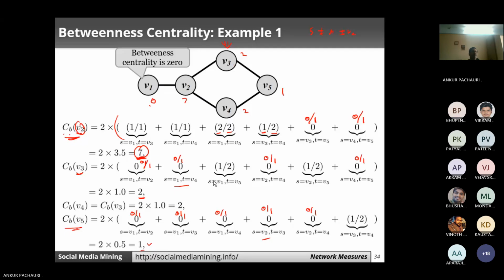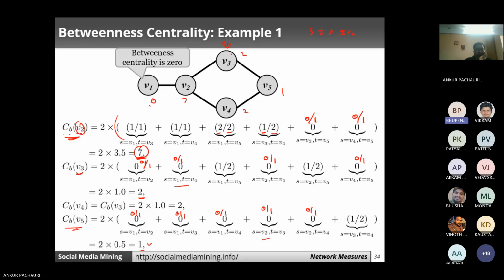Not necessary, because I'm not bothered about neighbors. I'm bothered about the shortest paths between pairs of nodes. But that is fine, right? Suppose V3 has two more neighbors, V6 and V7.